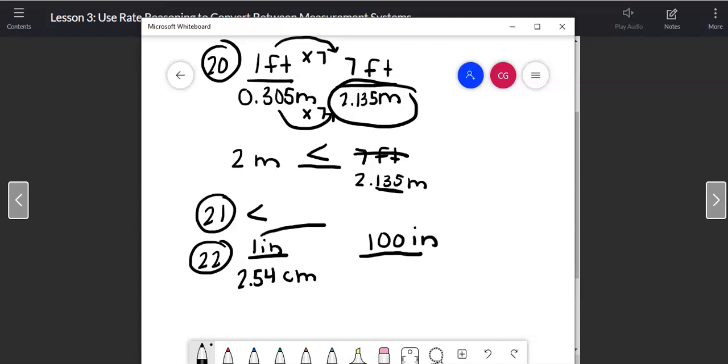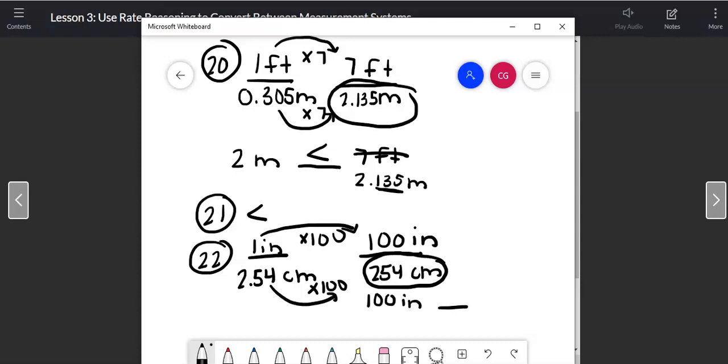I'm going to put that up on top. To get from 1 to 100, I multiply by 100. So I'm going to do the same thing down here. And when I do that, I get 254 centimeters. The original question asked us 100 inches is what to 254 centimeters? We changed that 100 inches into 254 centimeters. So this one is equal to.